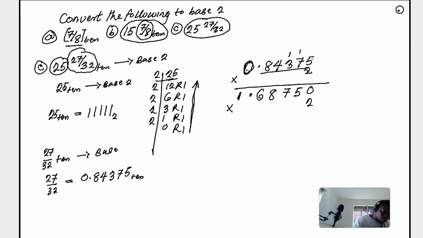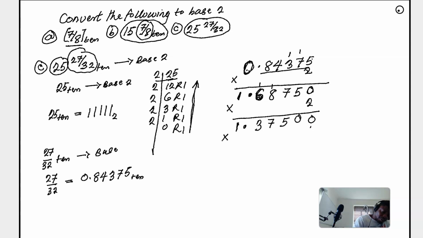Remember, you continue to multiply until all the numbers after the decimal become 0. This is already 0, so we need to make all this 0. So 2 times 0, 0. 2 times 5, 10, remainder 1. 2 times 7, 14 plus 1, 15, remainder 1. 2 times 8, 16 plus 1, 17, remainder 1. 2 times 6, 12 plus 1, 13, remainder 1. You put the 1 here.